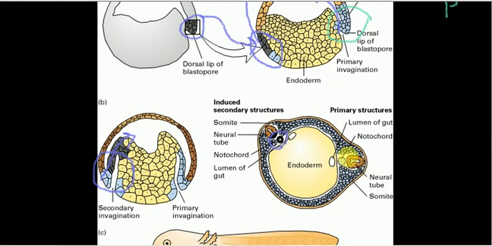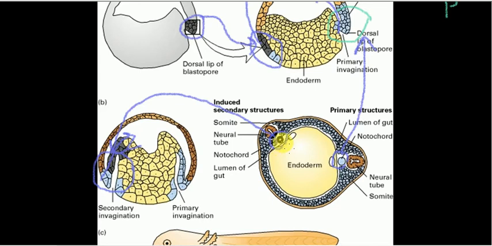So this is the normal notochord, and this is another notochord formed from this dorsal lip of the blastopore.